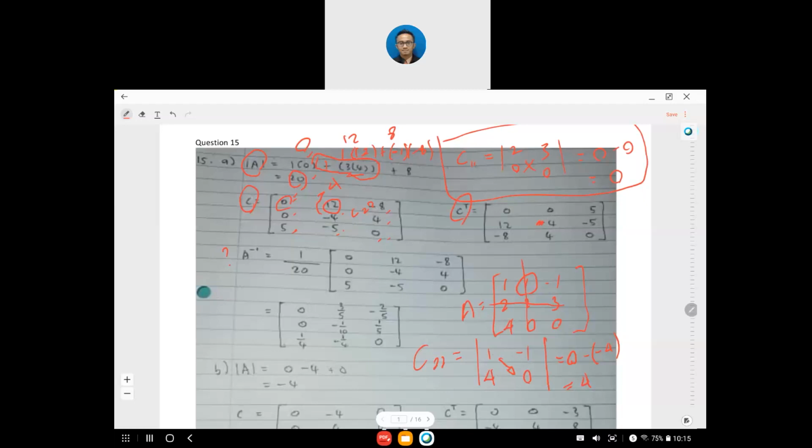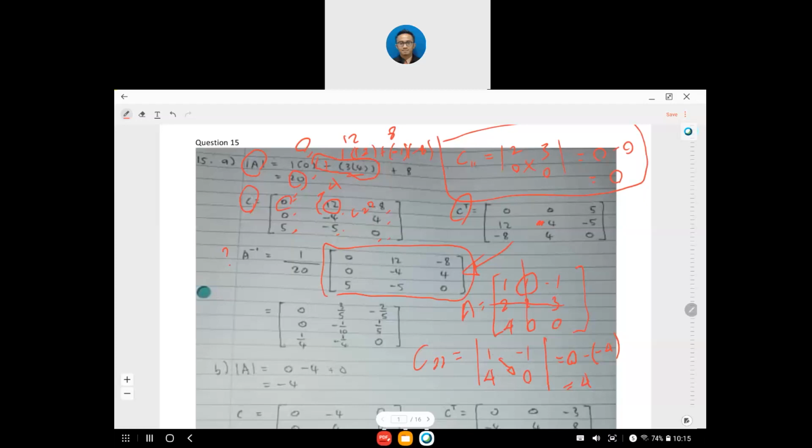When you transpose, oh, this one you already transposed. When you already transposed, why do you transpose again? Just put this matrix here.